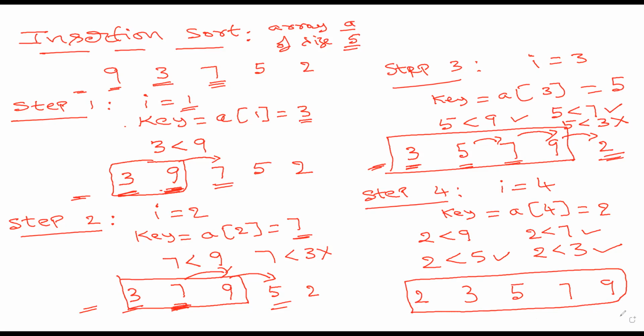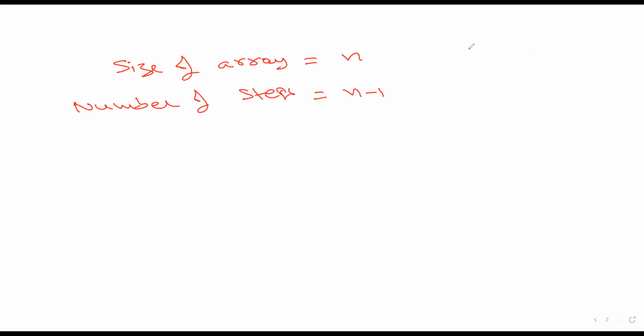So what is the main thing we have to observe? The size of the array is 5, or n. How many steps do you perform? The number of steps is n minus 1. If the value of n is 5, the number of steps is 4. In this case, there is no swapping. Swapping is not present in this insertion sort. Only shifting of elements.